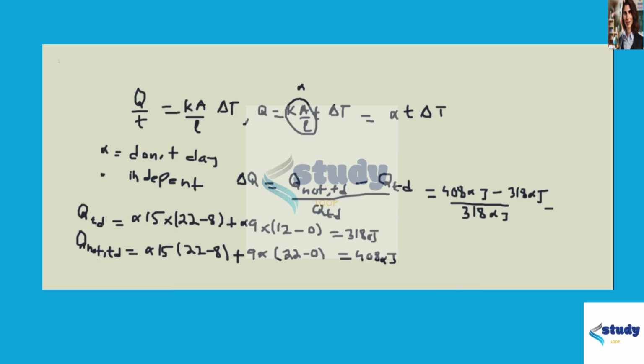This gives us the percentage of 28%. So to keep the thermostat up requires 28% more heat in this model than turning it down. End of the problem.